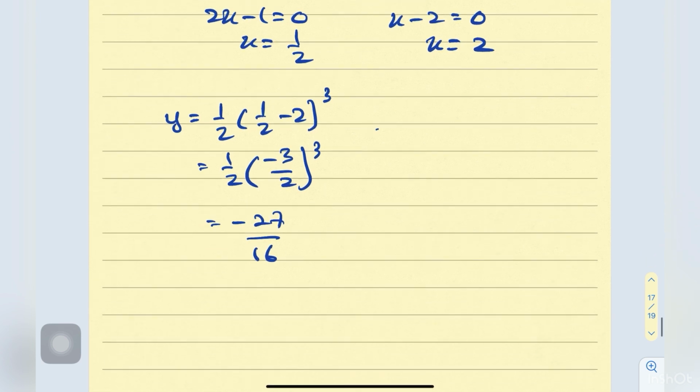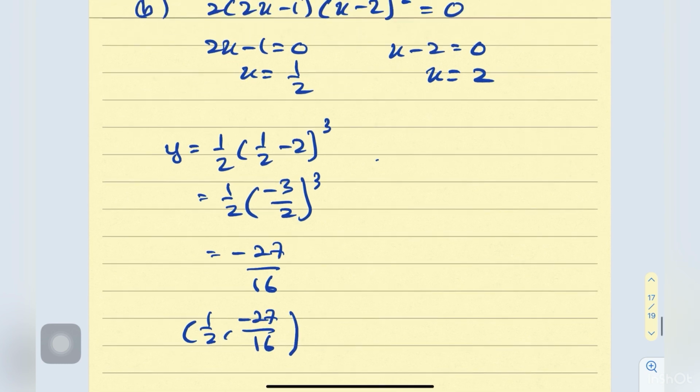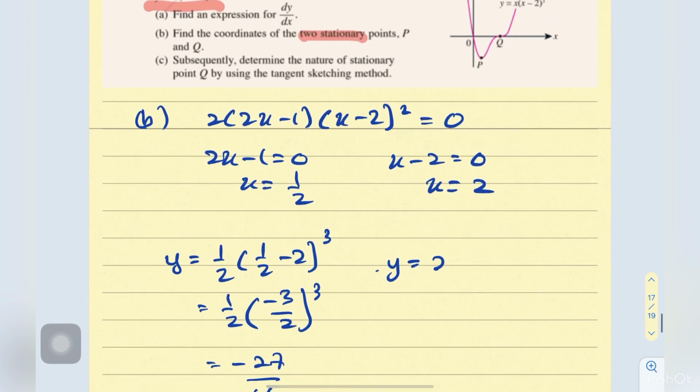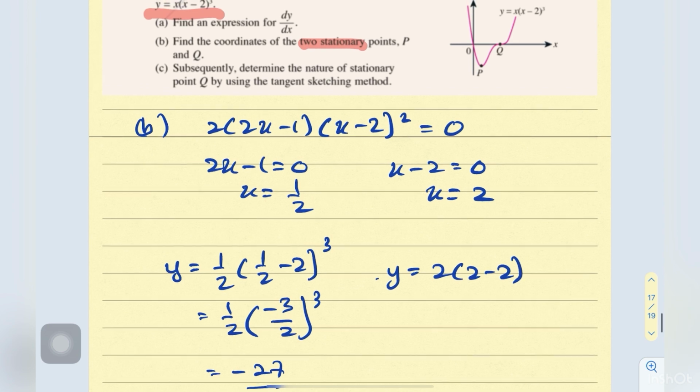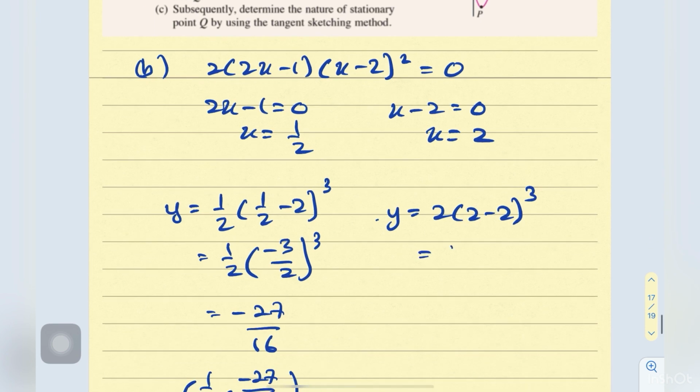So the first coordinate is (1 over 2, negative 27 over 16). When x equals 2, y equals 2 times (2 minus 2) cubed, which equals 0.